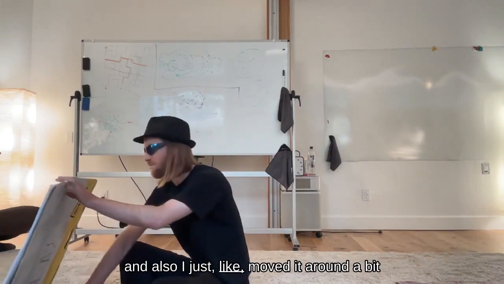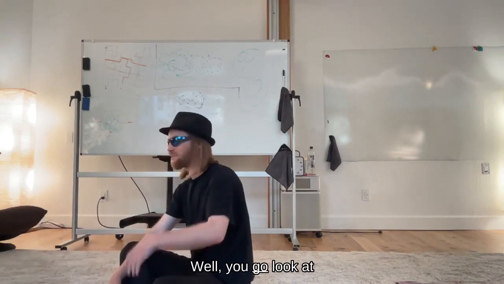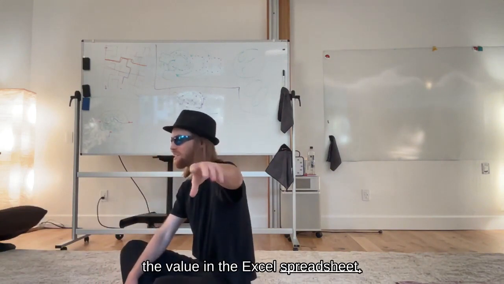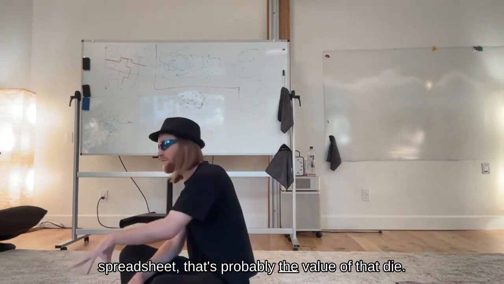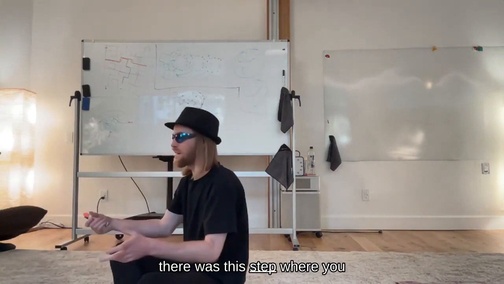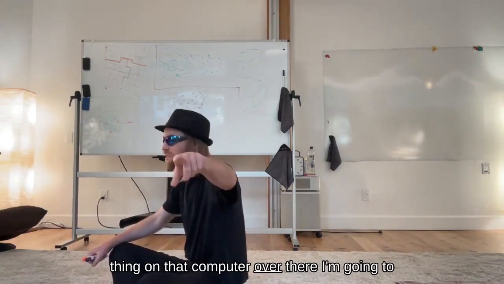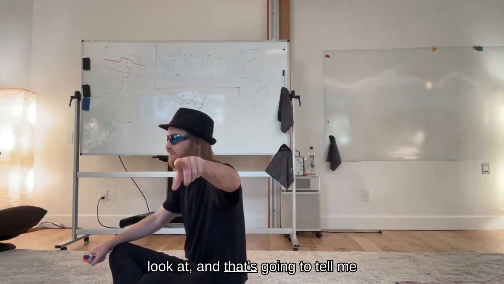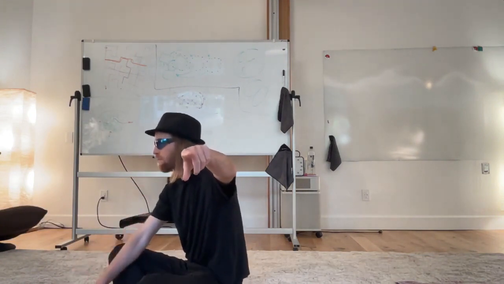And also, I moved it around a bit, so it's no longer on the die back here. So you go look at the value in the Excel spreadsheet, and you're like, that's probably the value of that die. Now, somewhere in there was this step where you were like, there's going to be this thing on that computer over there I'm going to look at, and that's going to tell me the value of this other thing out in the environment.